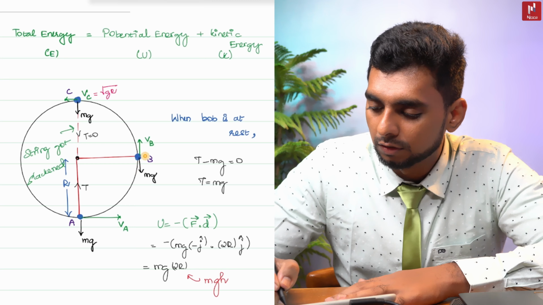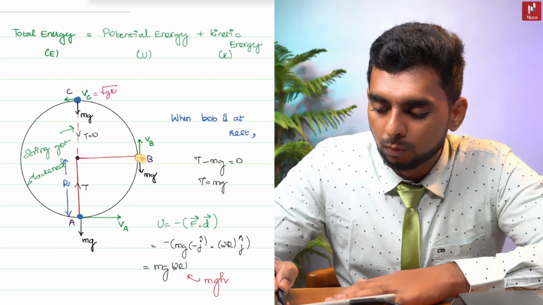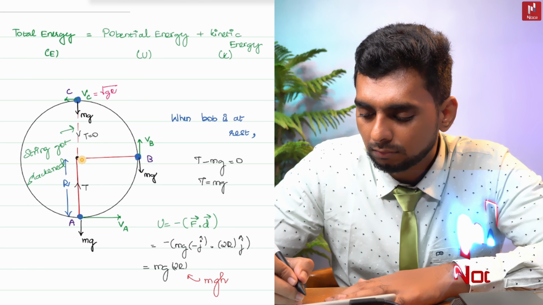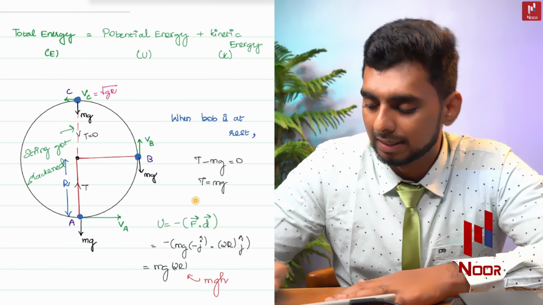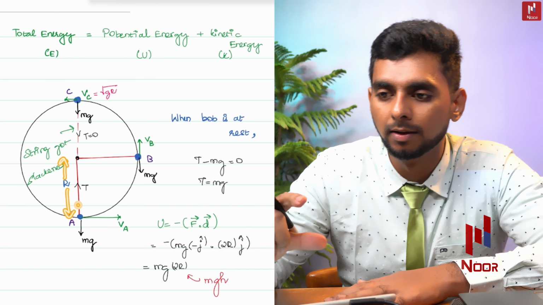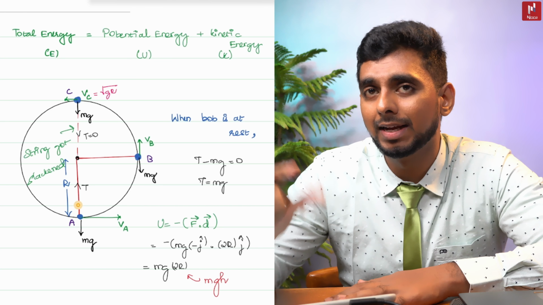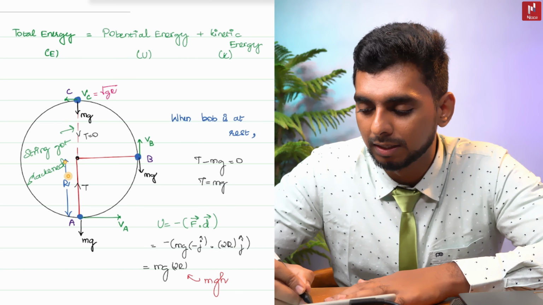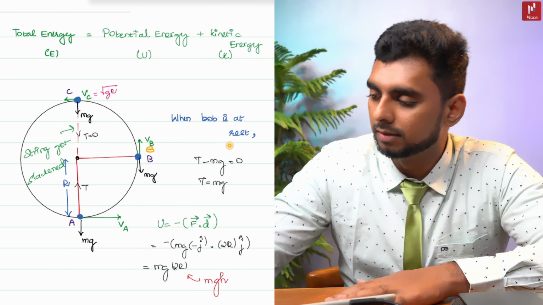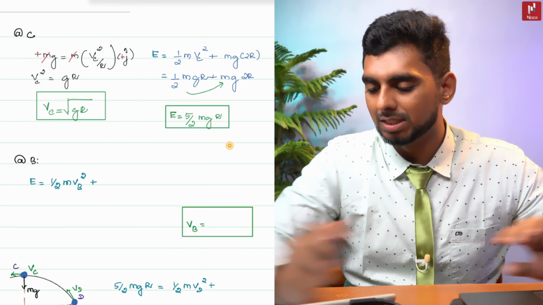Okay, so if that was the case, then what will be the parameter that will get involved? You will have mgh, where h is the distance that it got covered against the gravitational field. So that will be this r, and then you will have the velocity vb, right?